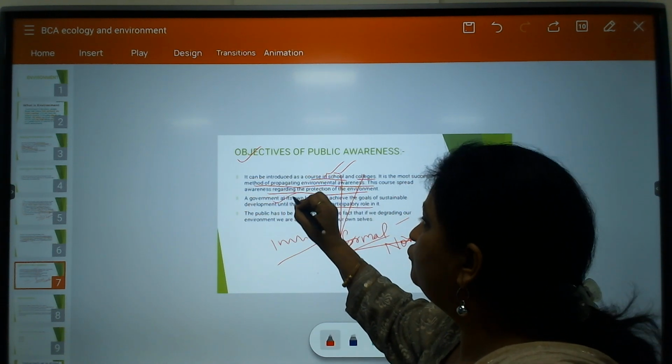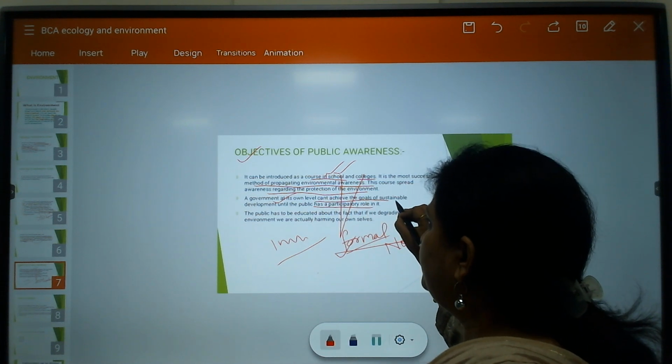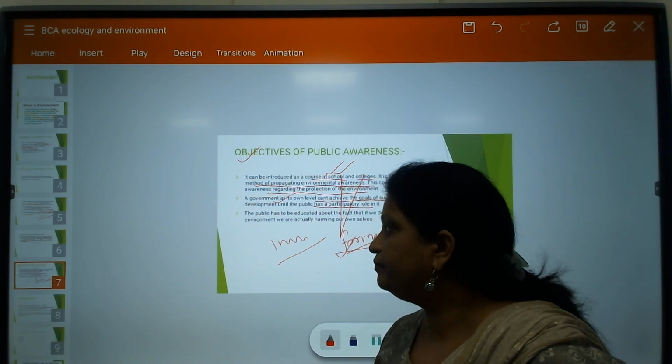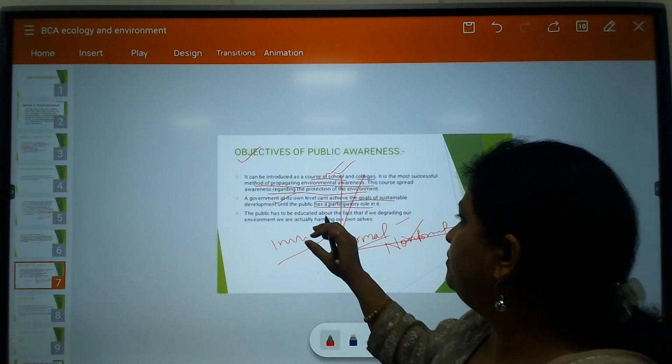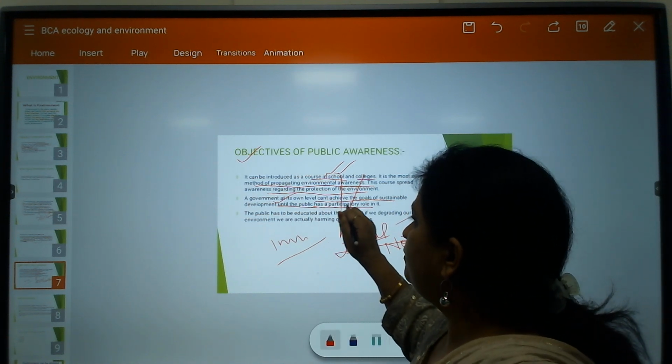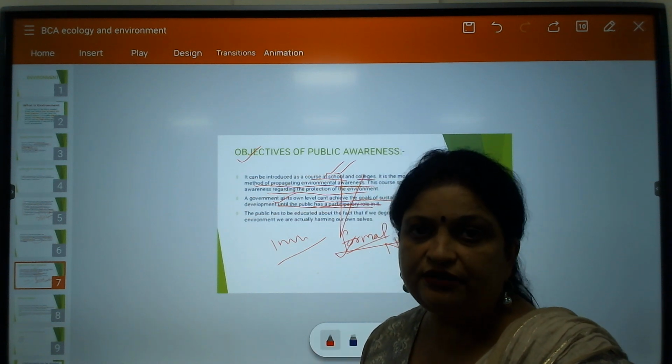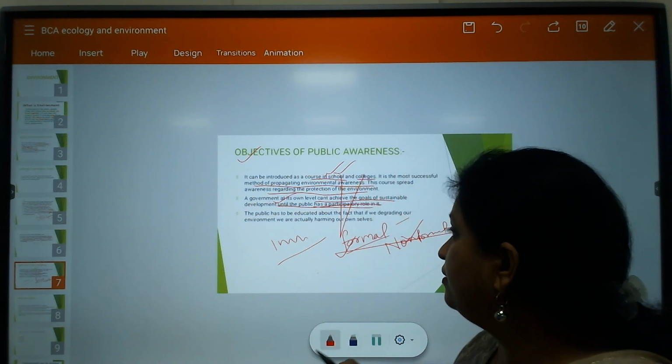It is only achieved when the general public has a participatory role, and it is mandatory to protect the environment.